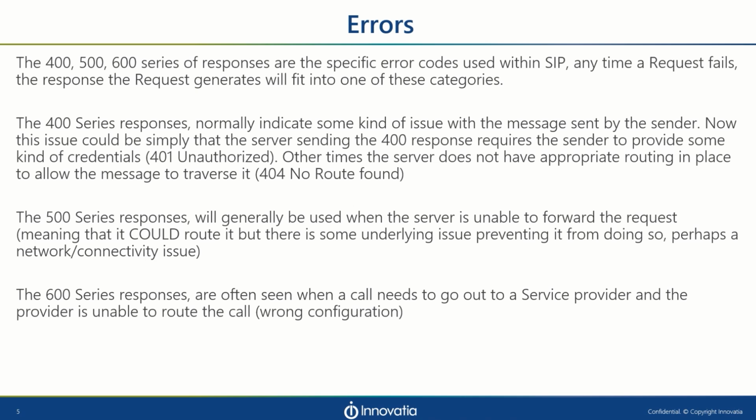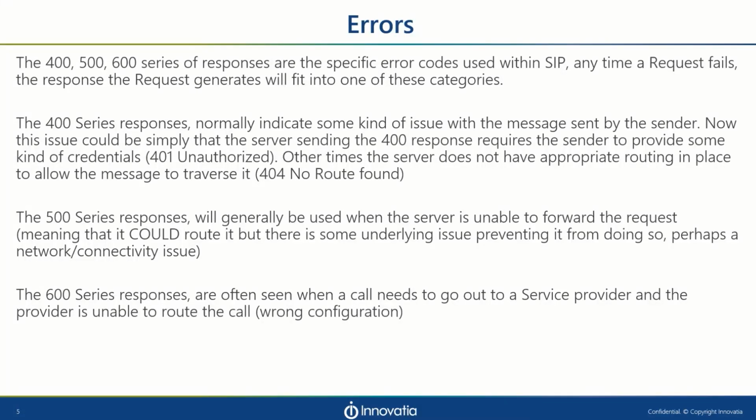There are a number of potential causes for a 500 series response. Commonly, it's because the server knows where it's supposed to route a message, for example, but is unable to reach that destination. So it could be due to a network or connectivity issue of some kind.